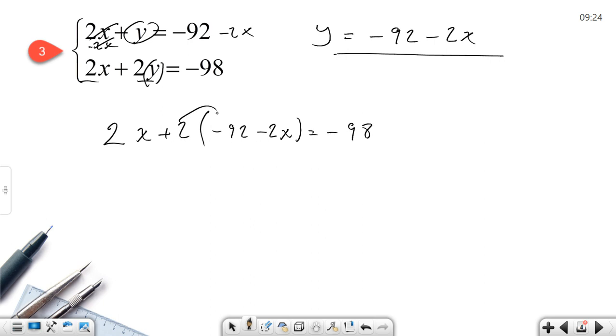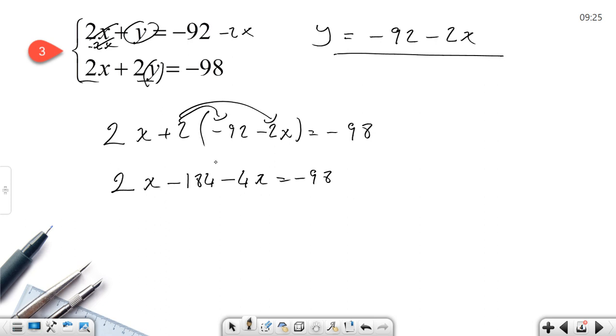Here, you need to use the distributive property. You need to multiply 2 inside the parentheses by all the terms. So it's going to be 2x, 2 times minus 92 is negative 184, 2 times negative 2x is negative 4x, equals minus 98.